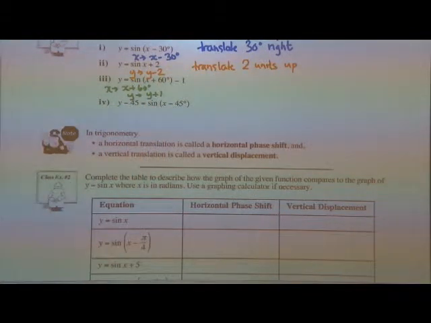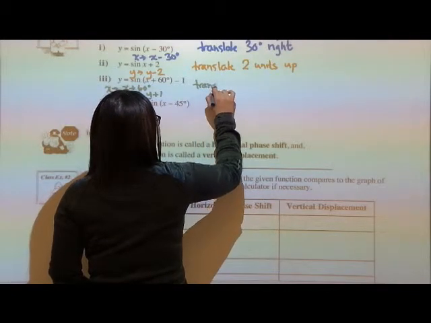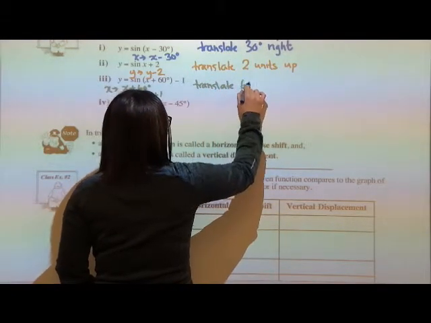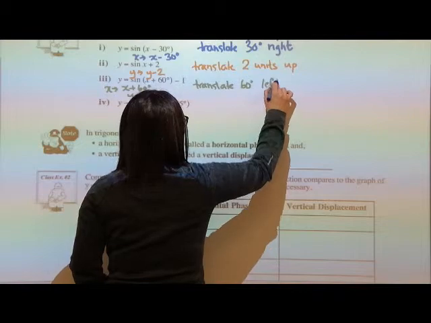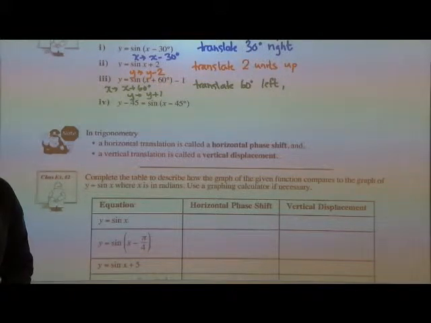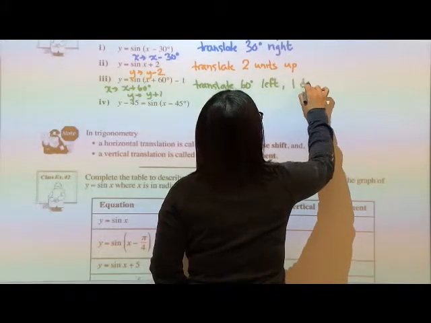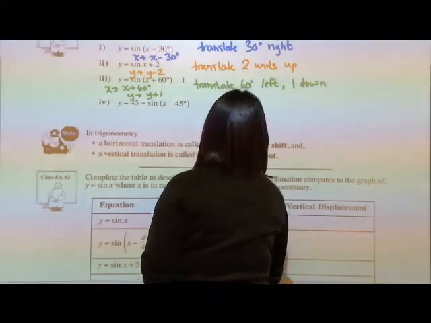So if I replace x with an x plus 60 degrees, what am I doing to the graph? Translate 60 degrees left. And if I replace y with a y plus 1, 1 unit down.